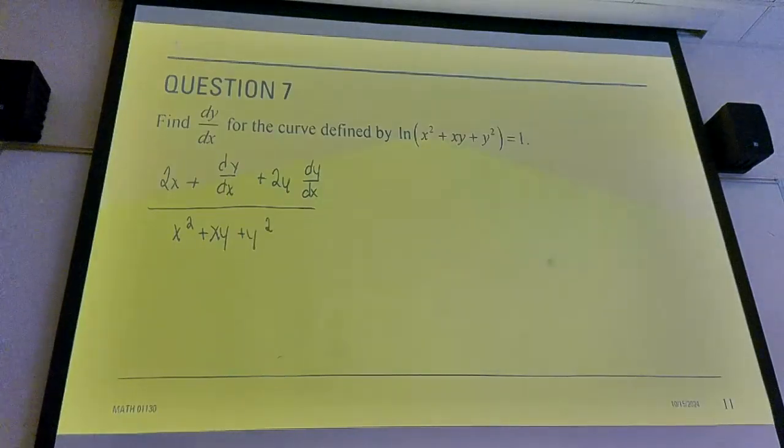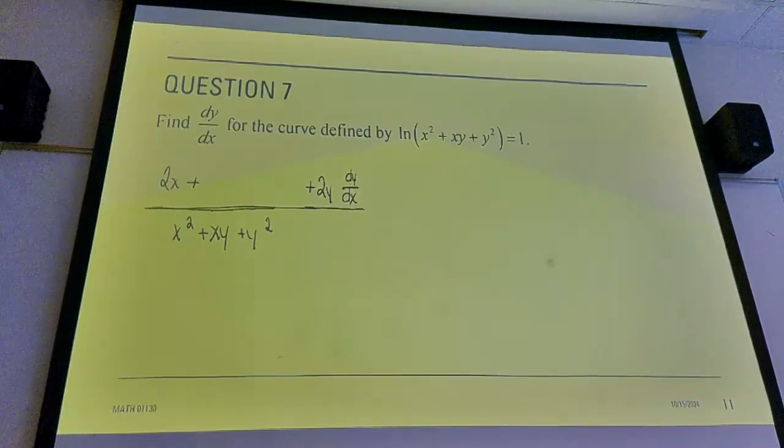In the middle, it's from x and y. So what is that middle? y plus x.